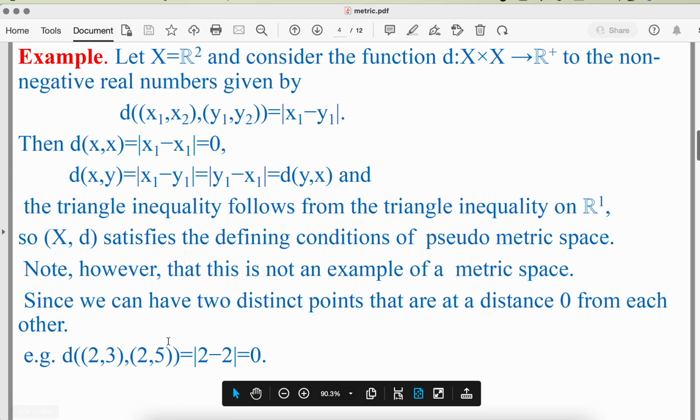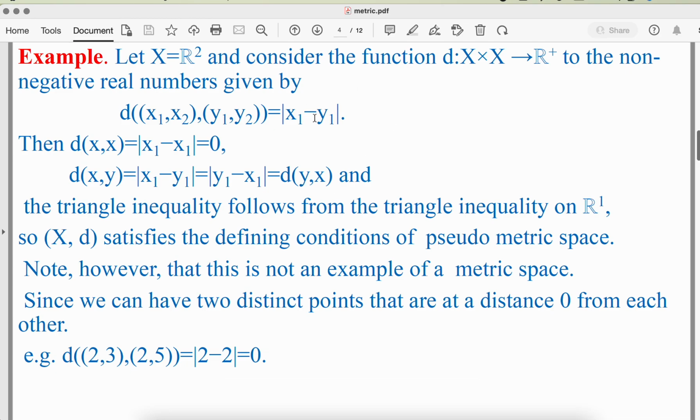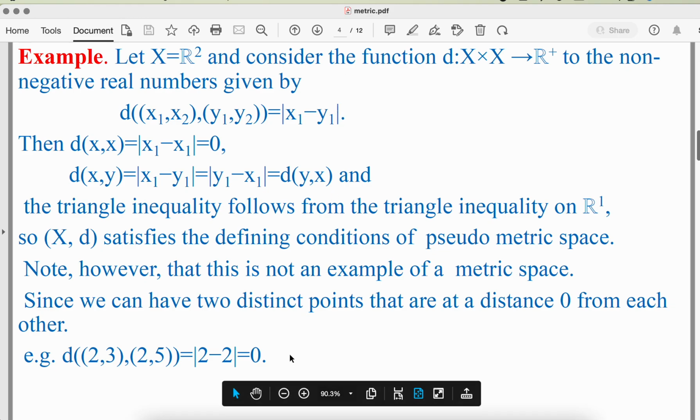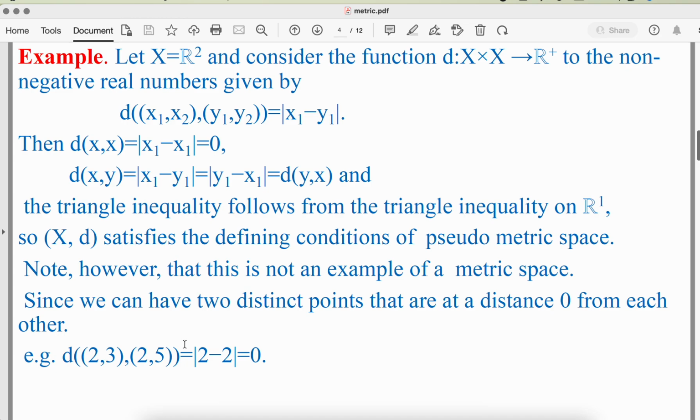So this is an example of a pseudo metric, but not of a metric space. So we can say that every metric space is a pseudo metric space, but every pseudo metric space cannot be a metric space, because in a pseudo metric space we can have two distinct points that are at distance 0 from each other.